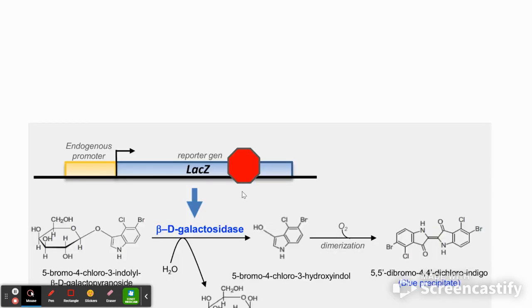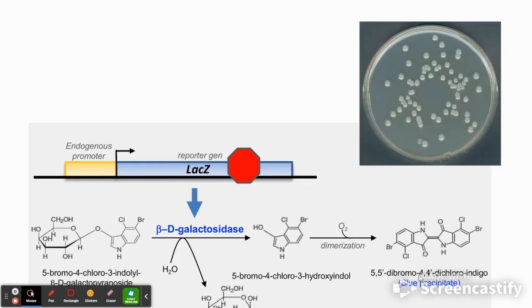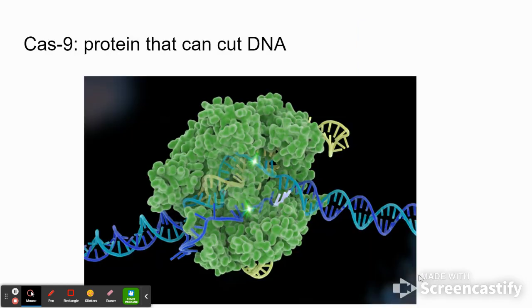If it doesn't function, we don't have our enzyme. We cannot convert that XGAL sugar into the blue pigment. So E. coli that's been genetically edited should, instead of being blue, be cultured as white, which is typical of wild type E. coli that you would grow.